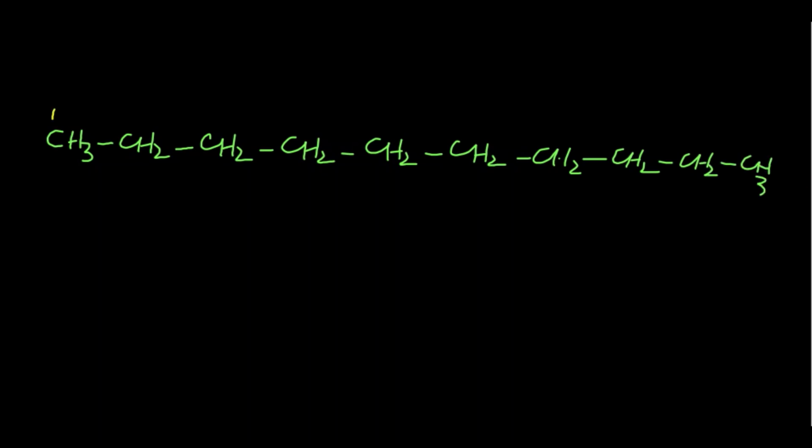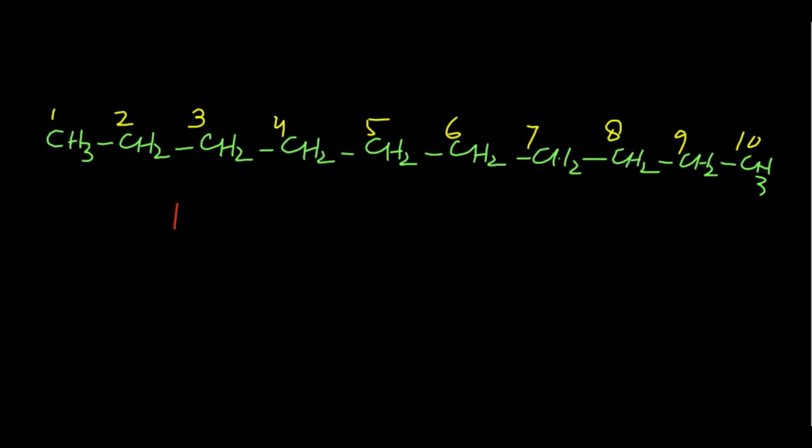Right students? And we are asked to write its IUPAC name. So identify the stem here. We will write the number on carbon atoms. Do the numbering of carbon atoms: 1, 2, 3, 4, 5, 6, 7, 8, 9, 10. How many carbon atoms are there? There are 10 carbon atoms.